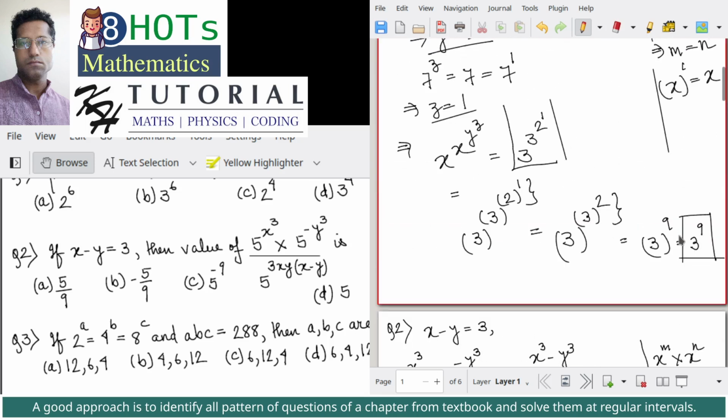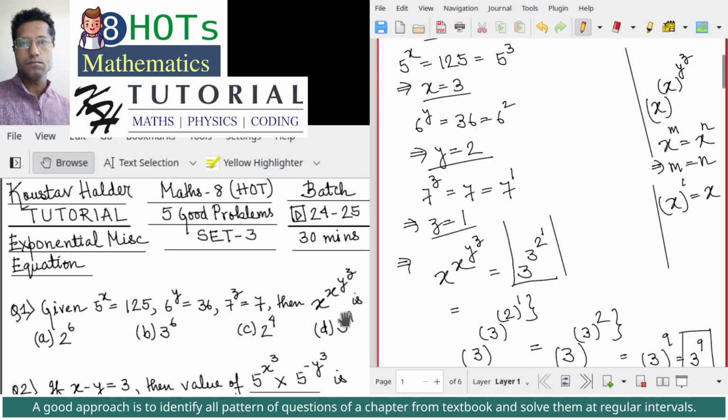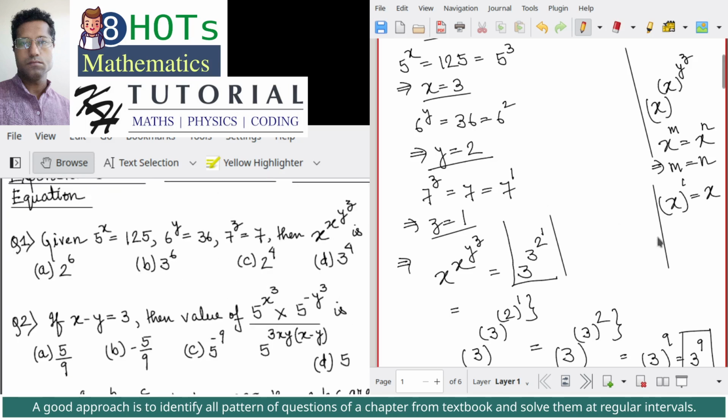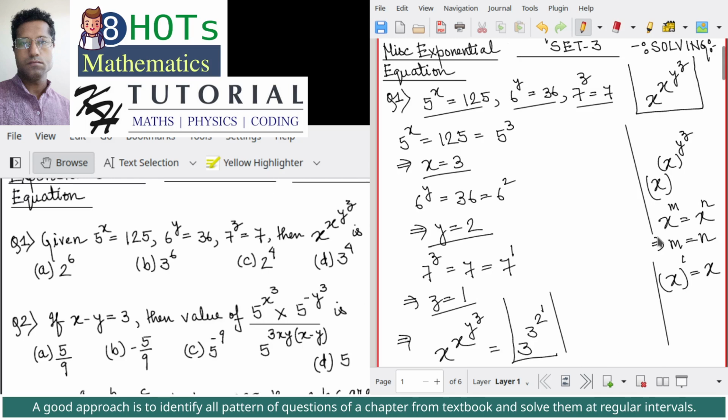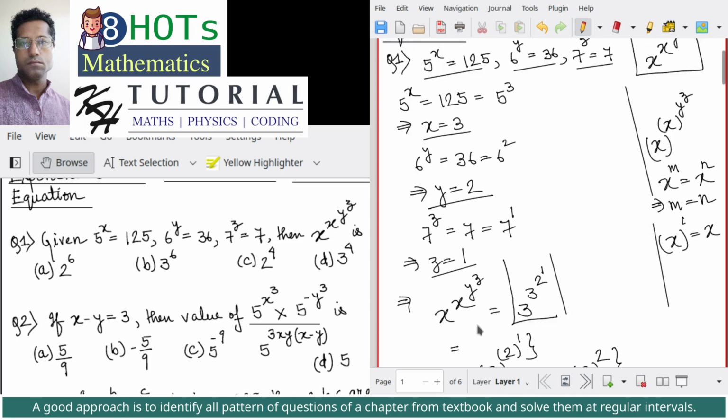What about question number 1? It is given that 5 to the power x is 125, which means x will be 3. 6 to the power y is 36, which means y will be 2. And 7 to the power z is 7, which means z is equal to 1. So x, y, z are 3, 2, 1. The given expression is x to the power y to the power z.